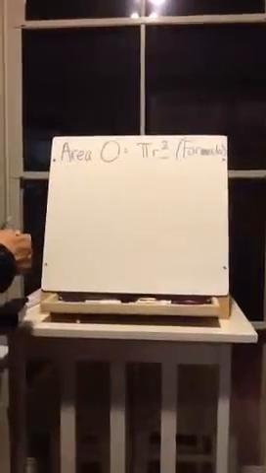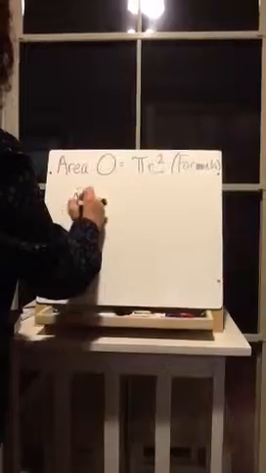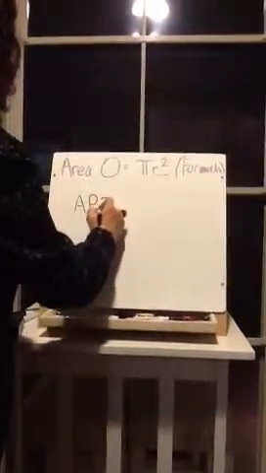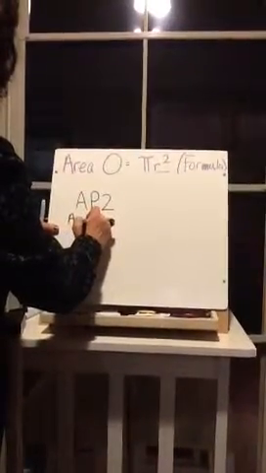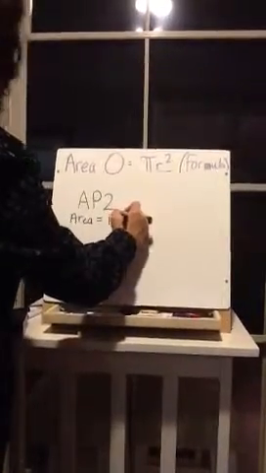Now, I gave you a little way, a mnemonic, of remembering the circumference of a circle. Cherry pie is delicious. For area, we're going to say that apple pie is 2. And that means the area equals pi r squared.